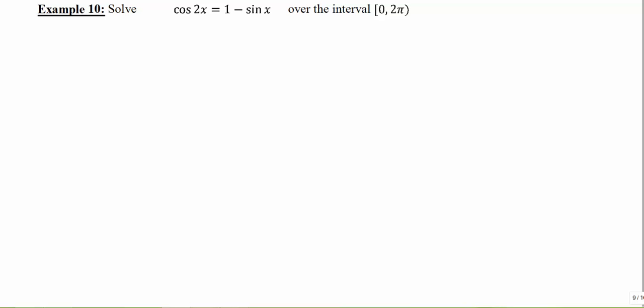In order to do that, we would have to look at cosine of 2x and use a double angle identity for cosine. Now, cosine has several double angle identities. Let's go ahead and write them all out and then pick which one would be the best.